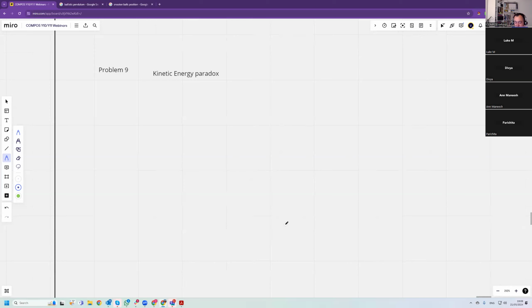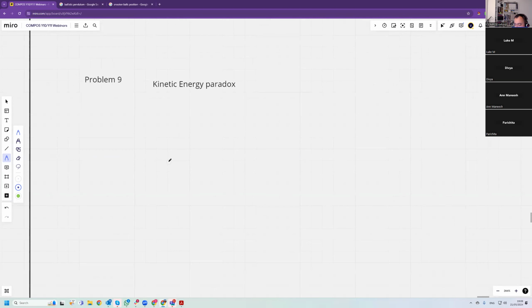The inertial frames of reference are all the same, and the laws of physics are the same in any reference frame. Cool. So let's consider this example. We know the work energy principle. We know that the work done is equal to the change in kinetic energy. That's the work energy principle.